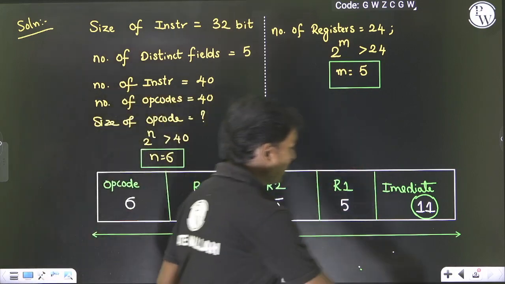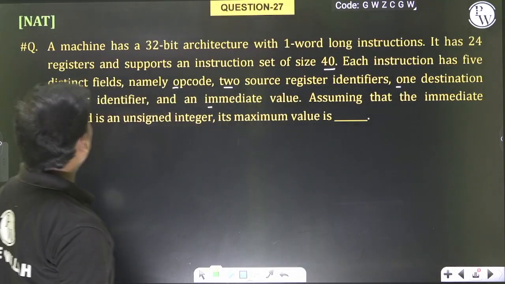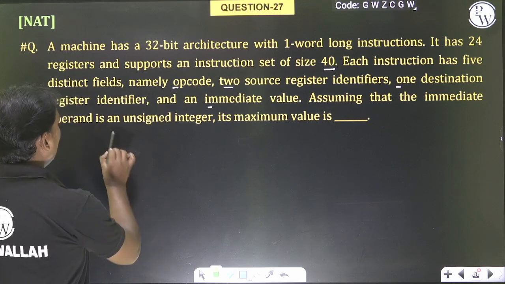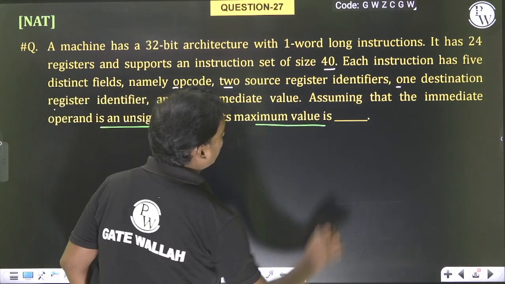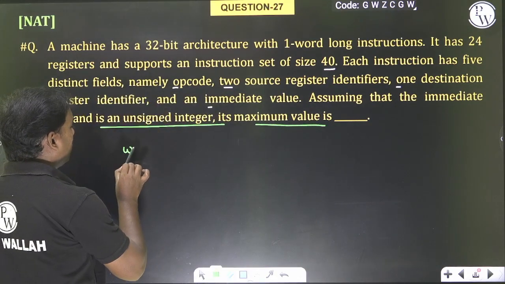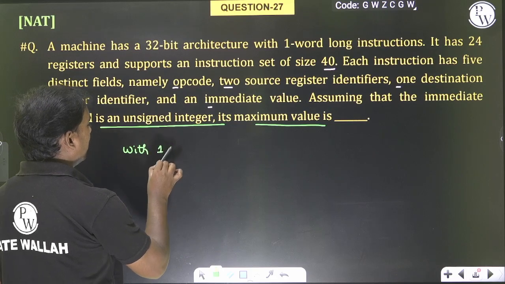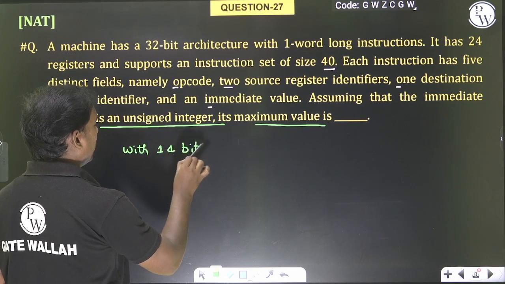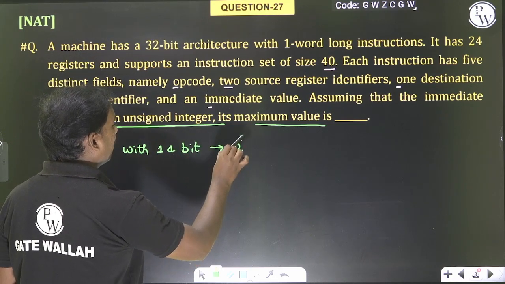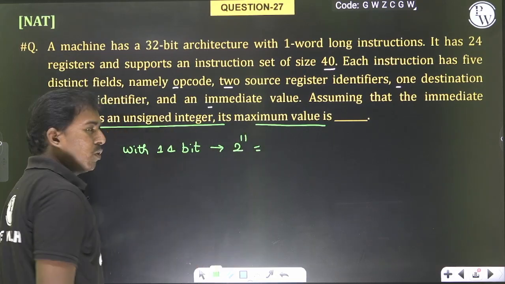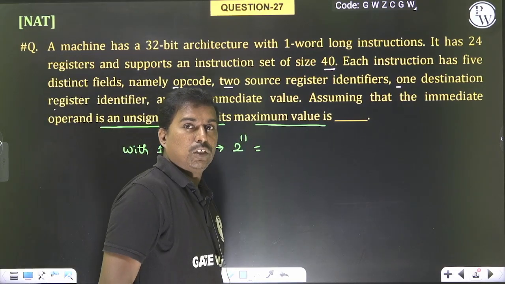But what does the question ask? Assuming that the immediate operand is an unsigned integer, it asks for its maximum value. So with 11 bits, what is the maximum? 2 power 11. 2 power 10 is 1024, into 2.